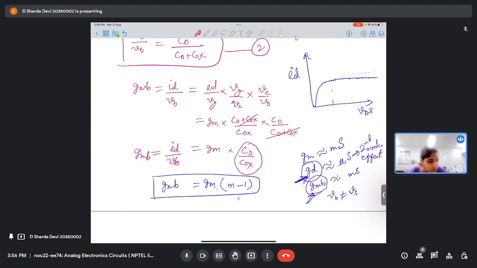So we want the MOSFET to behave as a constant current source. But due to these effects, like short channel effects, let's say DIBL and channel length modulation, we see this slope coming into the picture. And this is actually detrimental in our case.